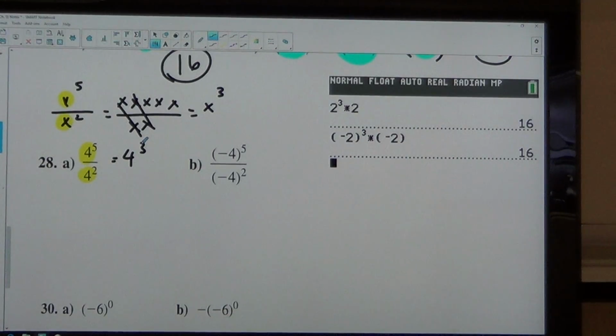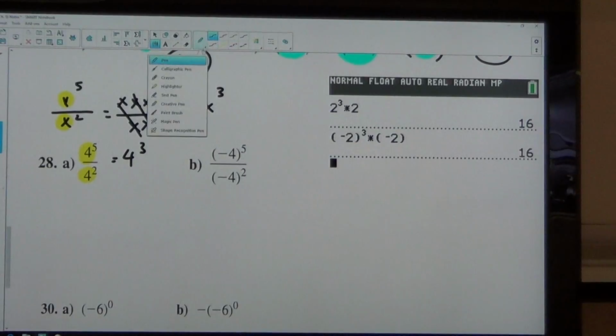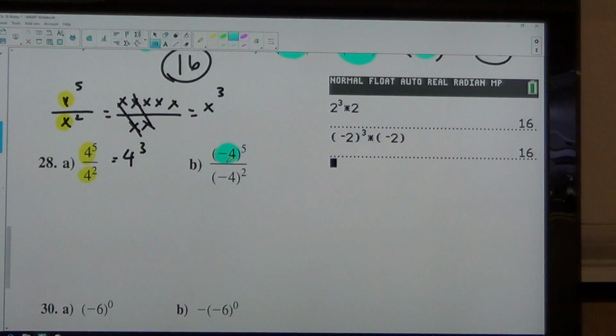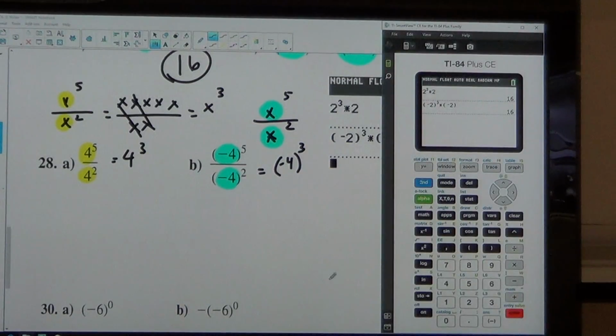And we'll clean that up in just a minute. The next one is the same thing. We still have the same problem. We have x to the 5th over x to the 2nd, but in this case, what is our x? -4 to the 3rd. So if we were doing part A, we would do 4 to the 3rd, and if we were doing part B, we would do -4 to the 3rd.